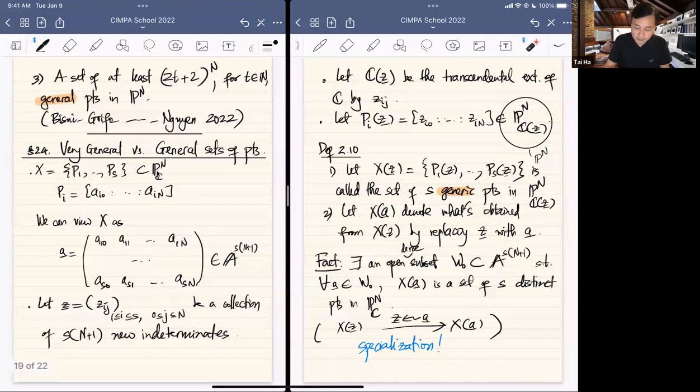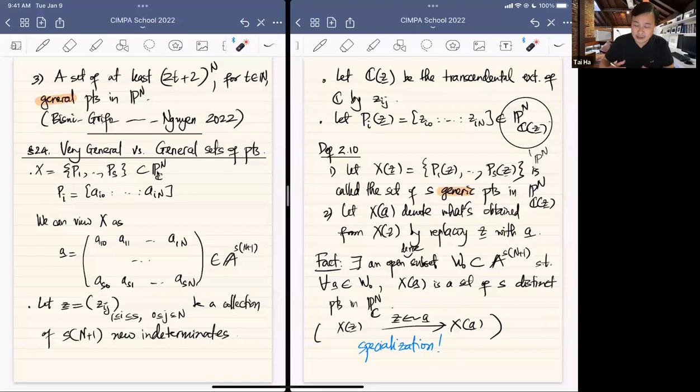As I said before, if you're just given values here, you don't necessarily obtain a set of distinct points in Pn. For example, when you substitute the values in, it could happen that two rows are proportional, and then the two points will be the same. But by avoiding a finite number of such conditions, you can actually get a set of distinct points, as long as you are in an open subset downstairs.